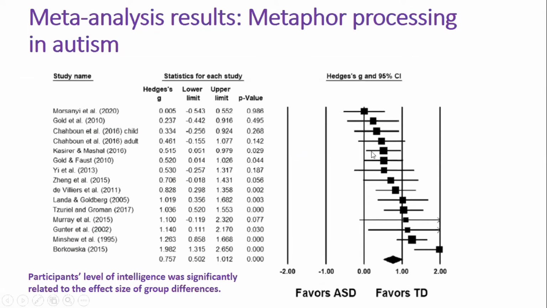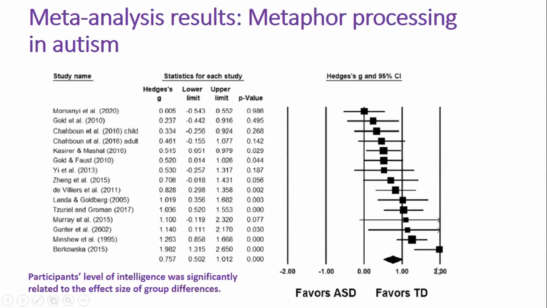So the 0 effect size, you can see the confidence intervals across 0 for several studies, and then you also see studies with an effect size of 2, which is quite a huge difference between the two groups. And the average effect size was 0.757, so it was a large difference favoring the typically developing group.